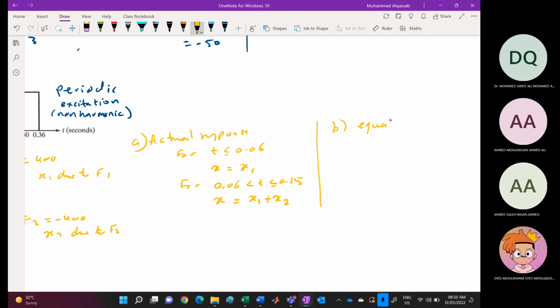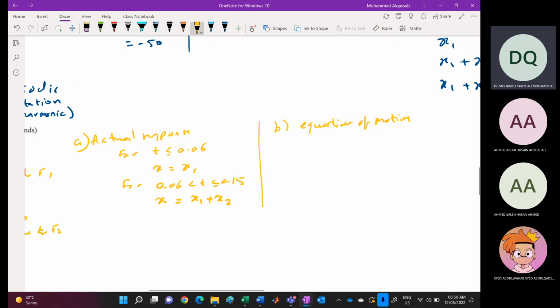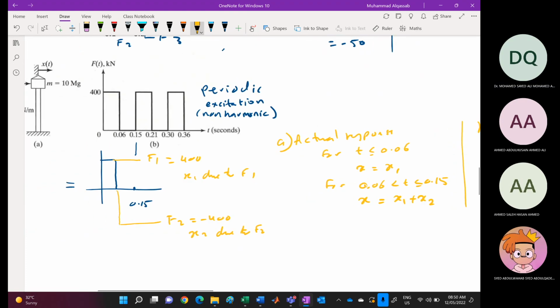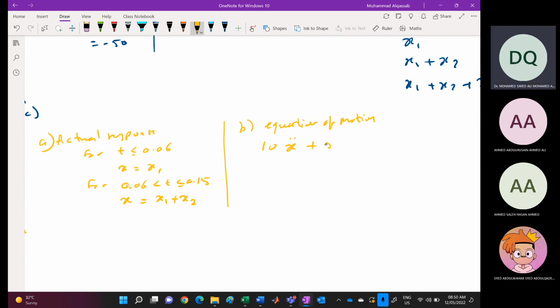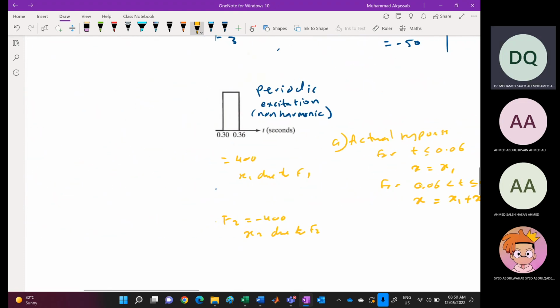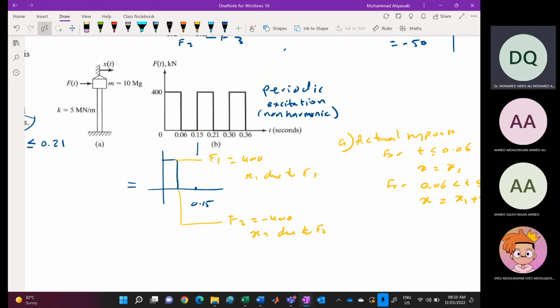Equation of motion is m x double dot, and we have the mass as 10 megagram, so it is 10 x double dot plus 5 mega Newton per meter, the whole thing multiplied by 10 to the power 3, equal to, for the interval between 0.15 and 0.21, we have f equal to 400.